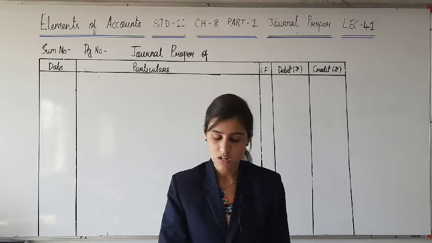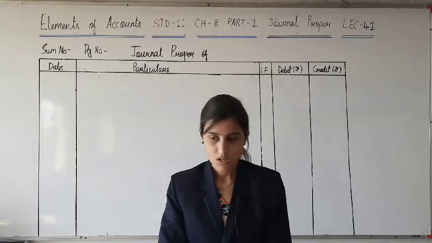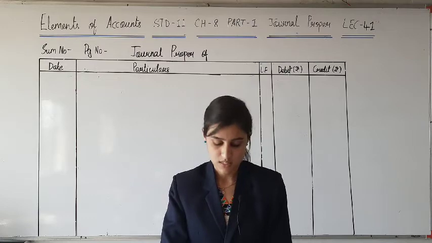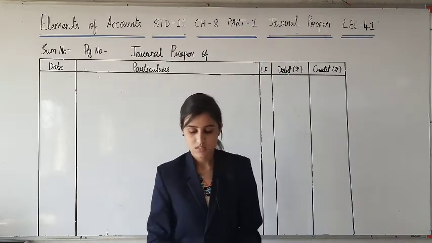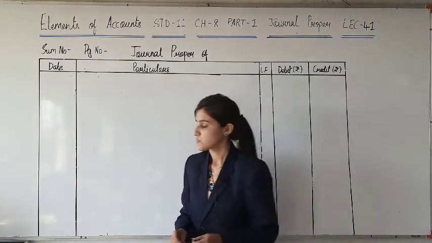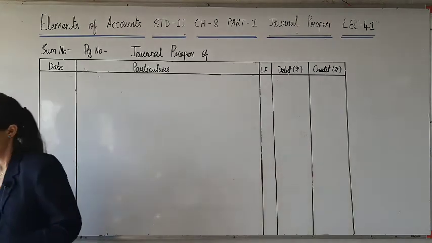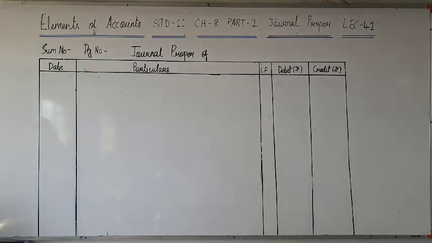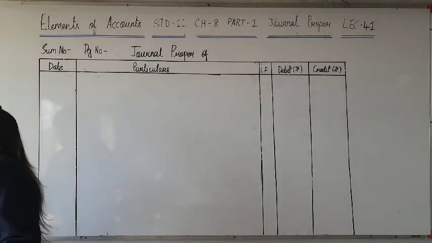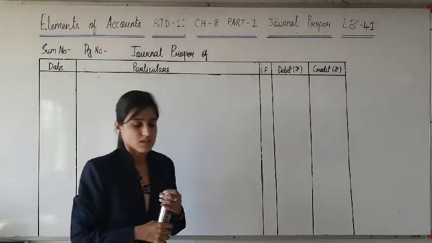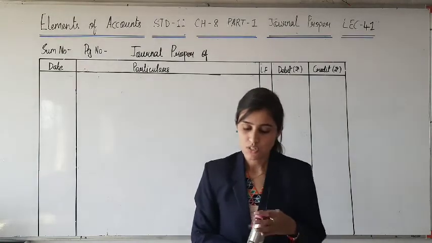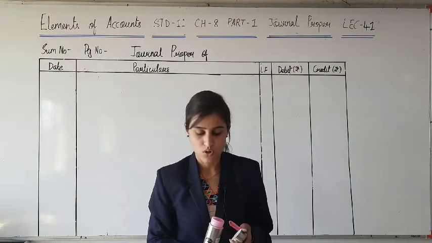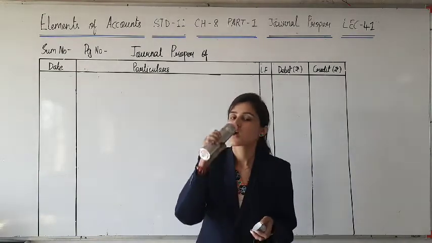For now, let us start with the exercise with the sums which are given in exercise. Yes, so question 6 we are going to solve and we are going to start.